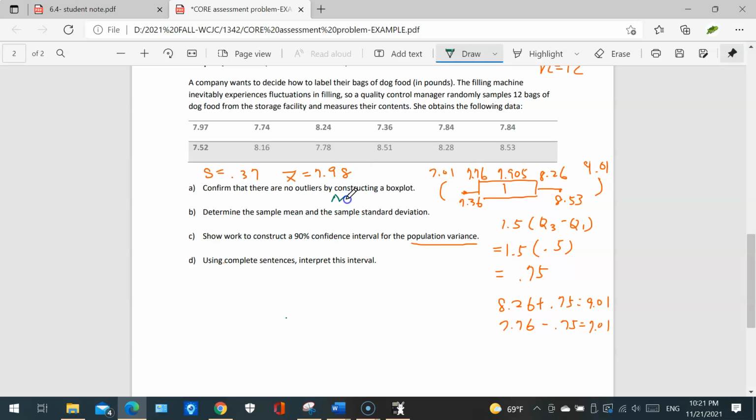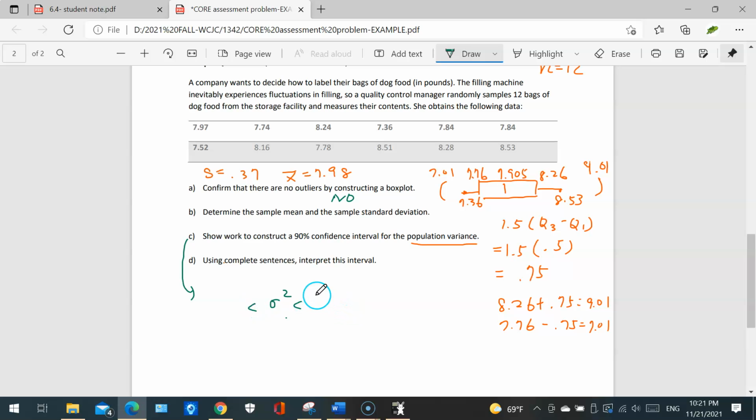Now, determine the sample mean. The sample mean is here, X bar 7.98. Standard deviation is 0.37. Part C, construct a confidence interval for the population variance. So we have to estimate the population variance.